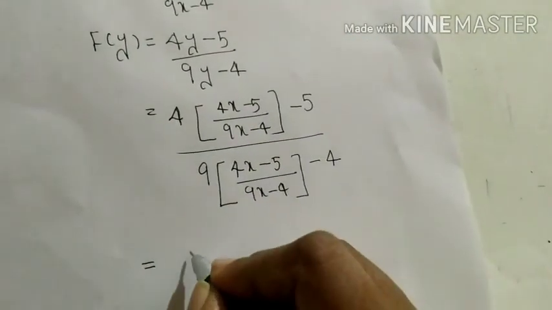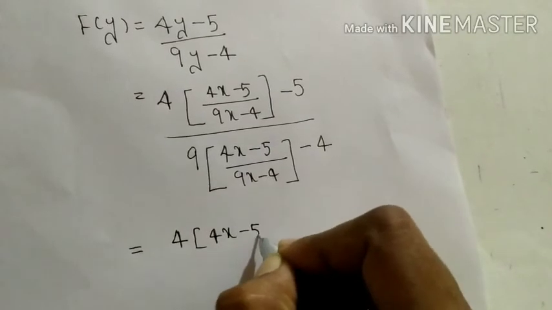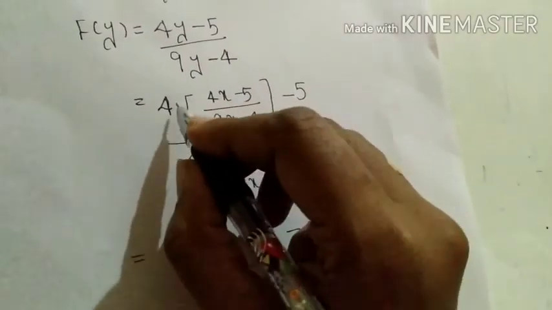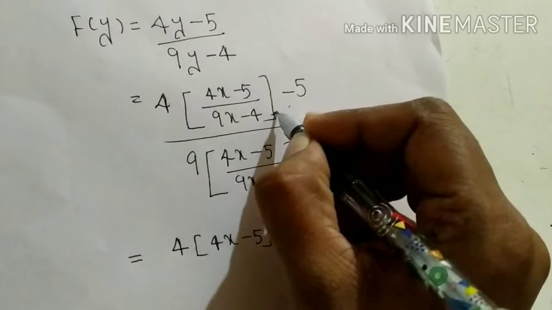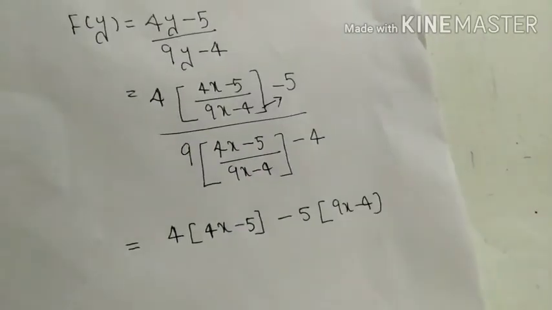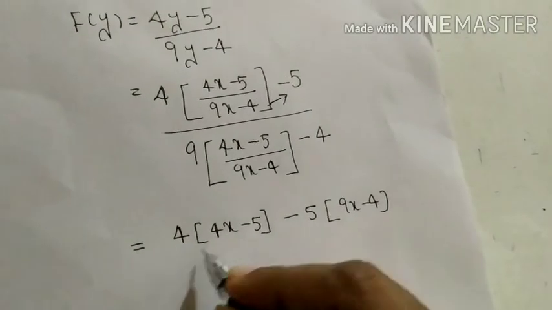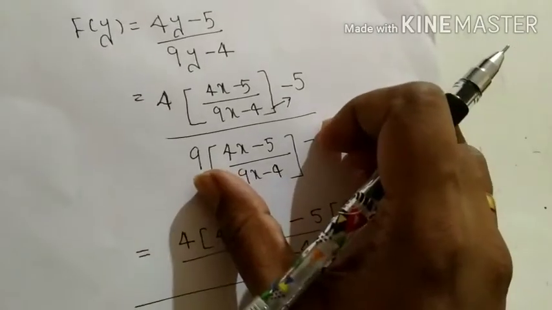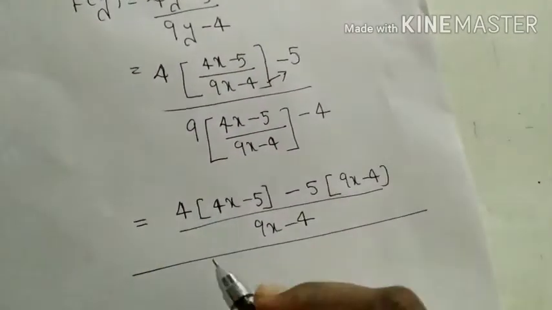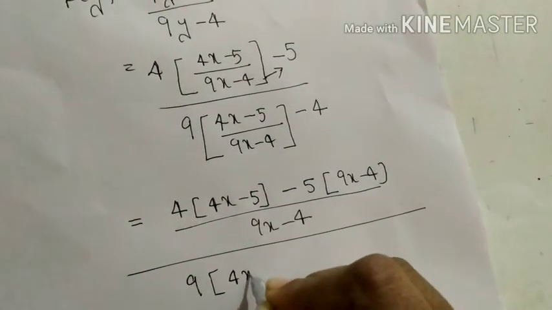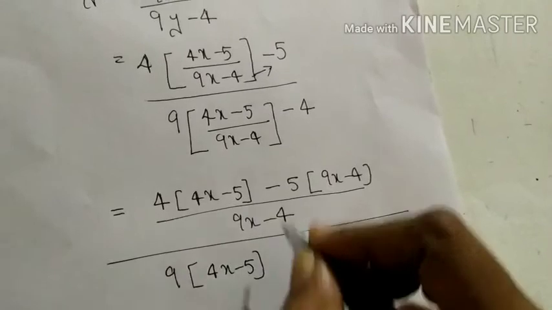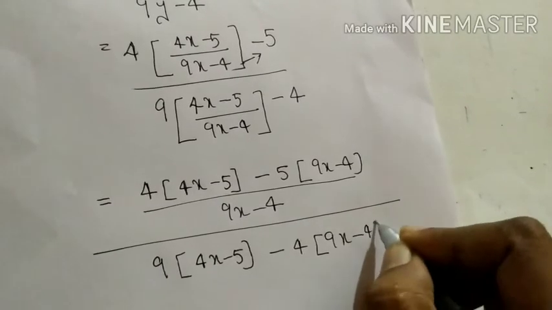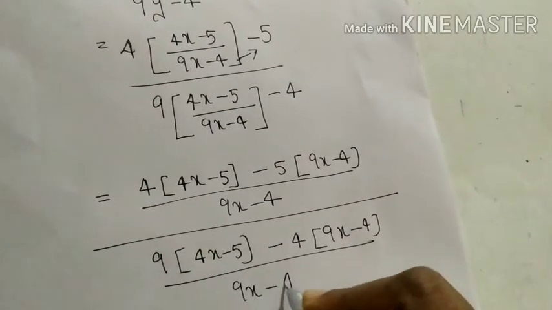In the numerator we get 4 into (4x - 5) minus 5 into (9x - 4), all divided by (9x - 4), whole divided by, in the denominator, again cross multiplying the whole term, 9 into (4x - 5) minus 4 into (9x - 4), divided by (9x - 4).